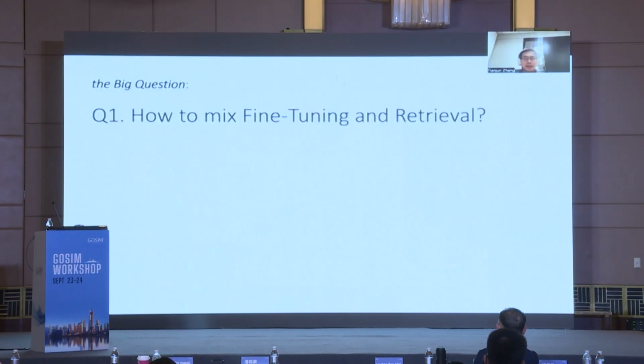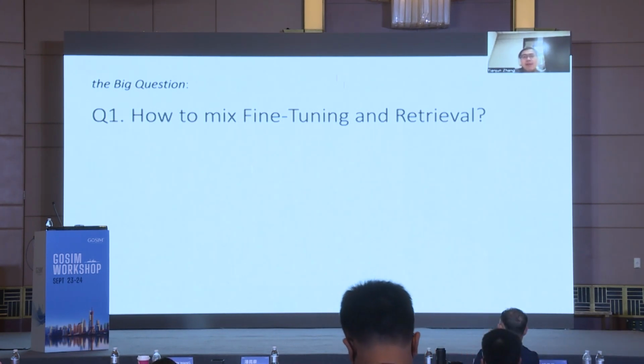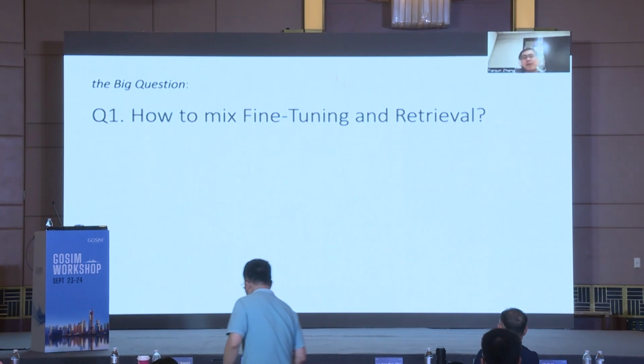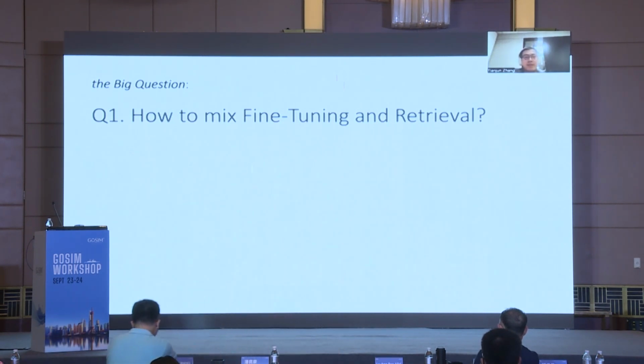Let's start with the first big question: how to mix fine-tuning and retriever. People have been debating a lot about fine-tuning versus retrieval augmented generation. Fine-tuning means I can take a piece of information, possibly not from the pre-training dataset, because GPT or a pre-trained language model would already have that, but for some specific use case.